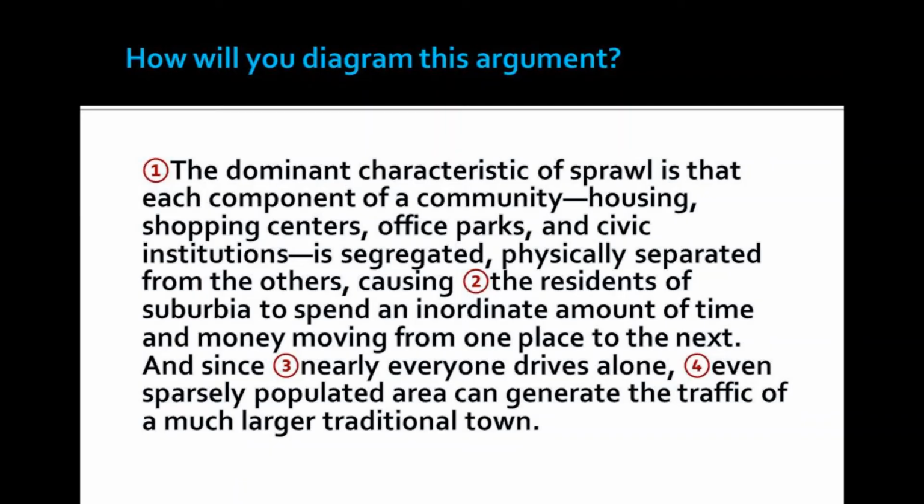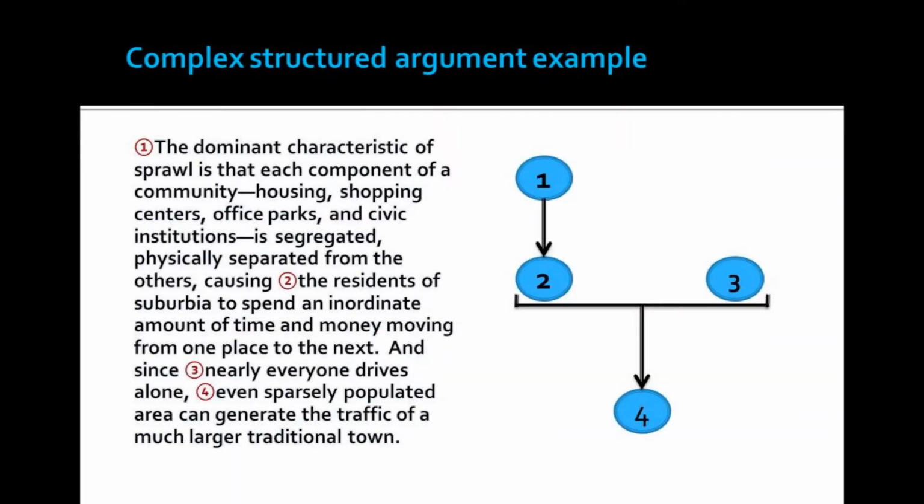And since nearly everyone drives alone, even a sparsely populated area can generate the traffic of a much larger traditional town. Similar to the previous argument, we've got two premises here, the second and third sentences, but then again the second sentence is entailed by the first sentence.